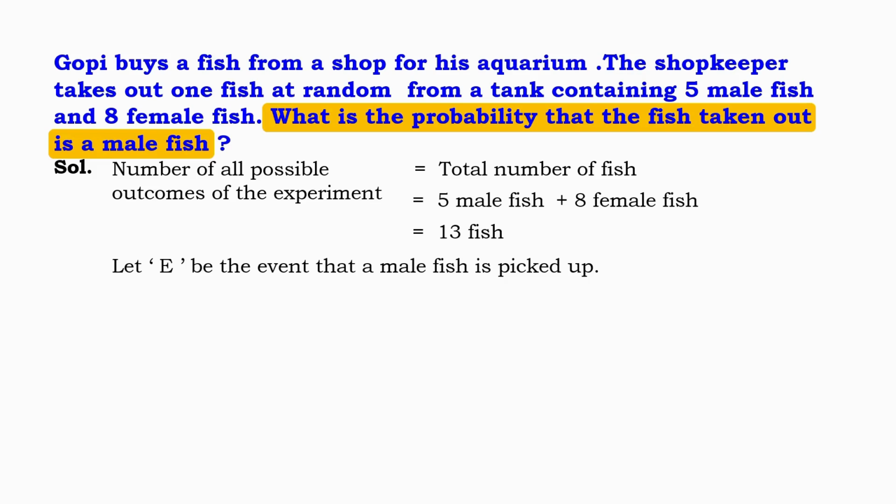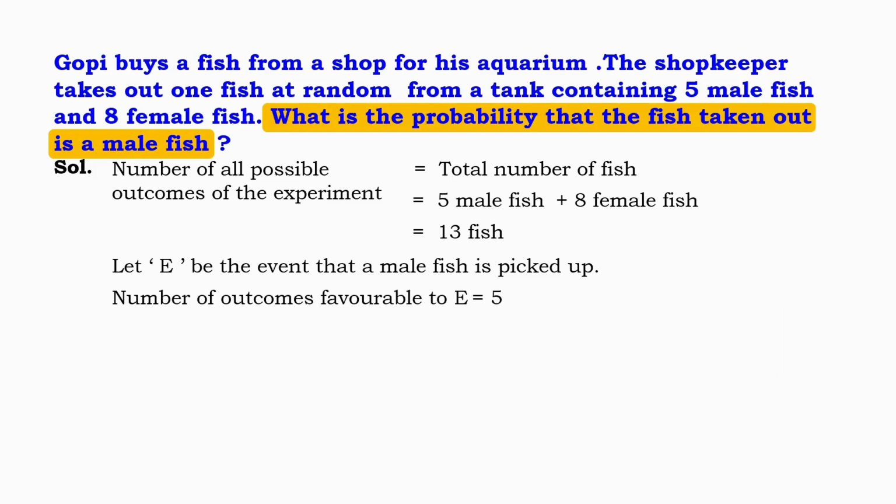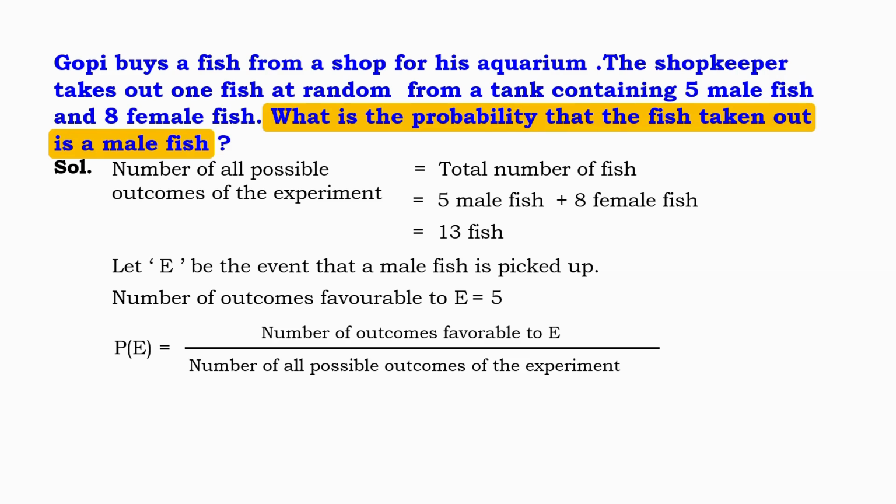So let E be the event that a male fish is picked up. There are 5 male fish, so the number of outcomes favorable to E is equal to 5. So the probability of E will be equal to the number of outcomes favorable to E divided by the number of all possible outcomes of the experiment. So P(E) is equal to 5 by 13.